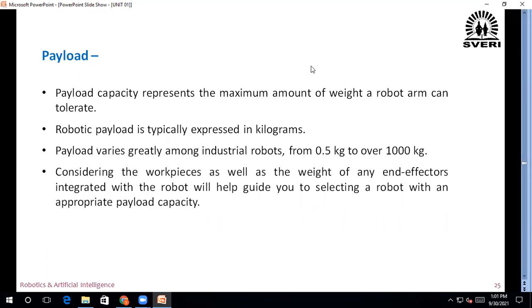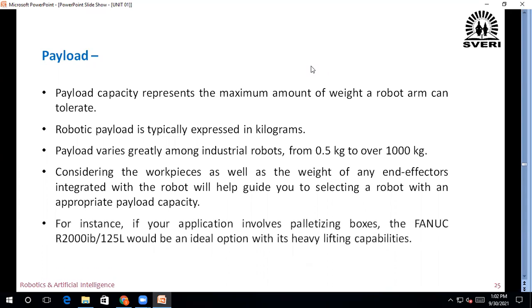Considering the workpieces as well as the weight of any end effectors integrated with the robot will help guide you to selecting a robot with an appropriate payload capacity. For instance, if your application involves palletizing boxes, the Fanuc R2000IB/125L would be an ideal option with its heavy lifting capabilities.